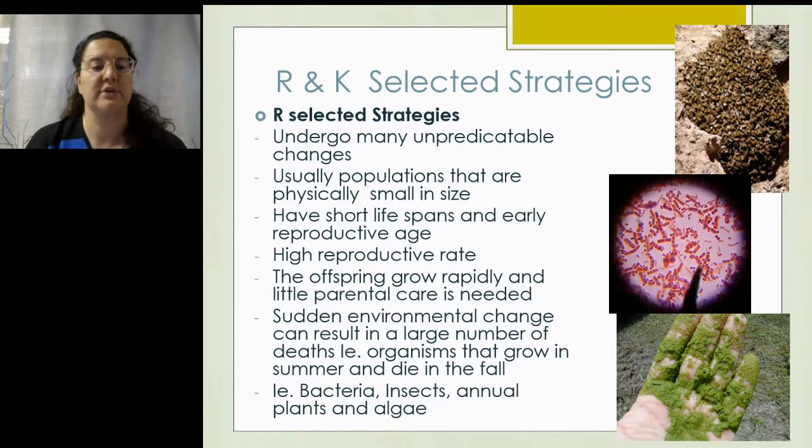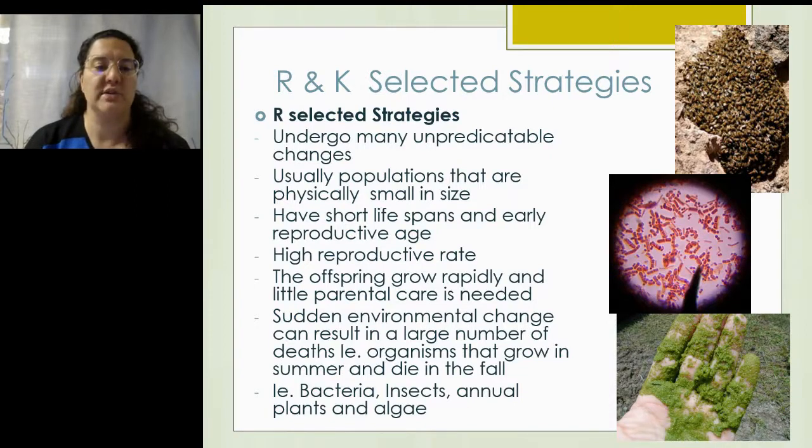R reproductive strategies happen in populations where they have many unpredictable changes. So usually they're organisms that are very small in size, have short lifespans, and an early reproductive age. There's a very high reproductive rate, and the offspring grow rapidly, but little parental care is needed. So often, not many of the offspring will survive to adulthood to reproduce again.